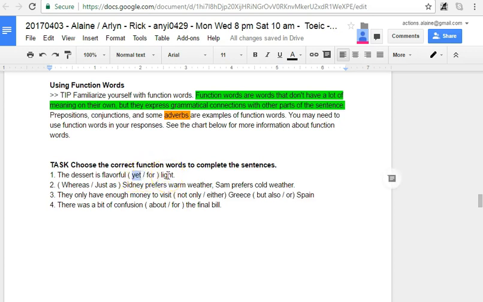Do you know how to put an underline on the word? Yes, you can click or you can press Control plus the letter U to underline it. There, very good. So go ahead, continue answering until number 4.